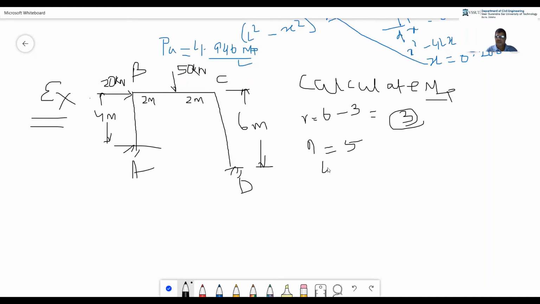So the number of independent mechanisms will be 5 minus 3. So there will be one beam mechanism, one sway mechanism, and then we can go for a combined mechanism.